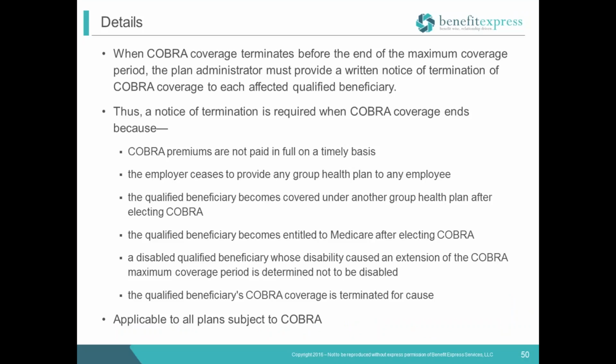So you don't have to give it out at the end of the 18 months or after the 36 months, but only when COBRA coverage ends because the COBRA premiums are not paid on time, the employer ceases to provide any group coverage, the qualified beneficiary becomes covered by another group health plan, the qualified beneficiary becomes entitled to Medicare, a disabled qualified beneficiary is determined not to be disabled for an extension of COBRA, or it's terminated because of cause. And this, again, is applicable to all plans subject to COBRA.